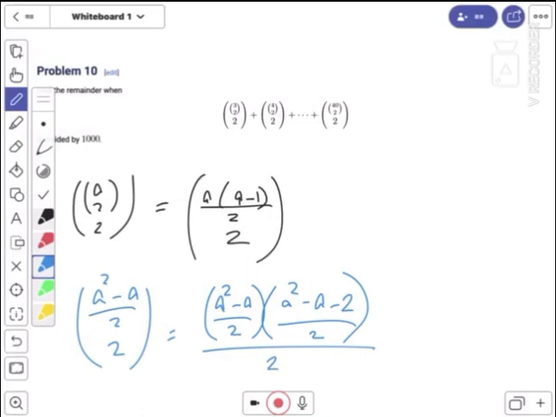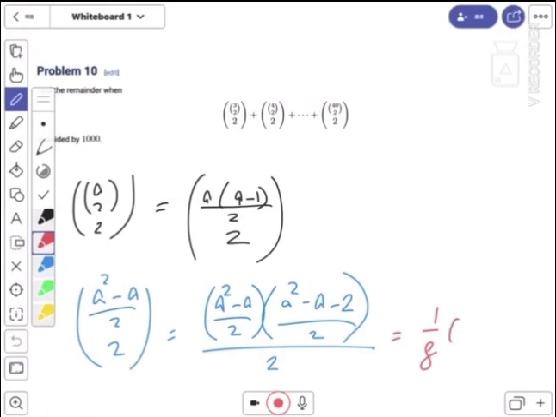Since we're saying that this is actually m, this m minus 1 is just equal to a squared minus a minus 2 over 2. So it does divide the entire thing. We get 1 over 8 times a squared minus a times a squared minus a minus 2.